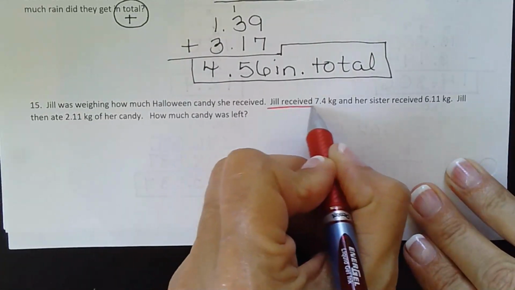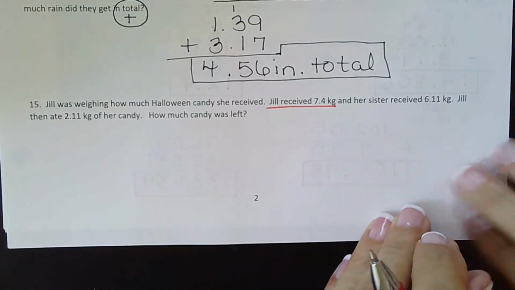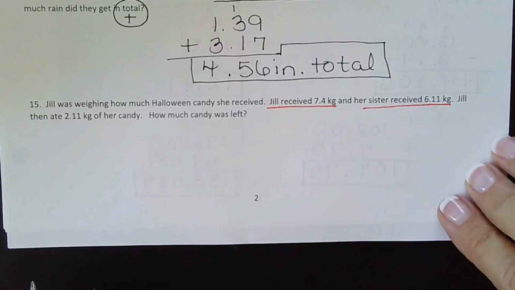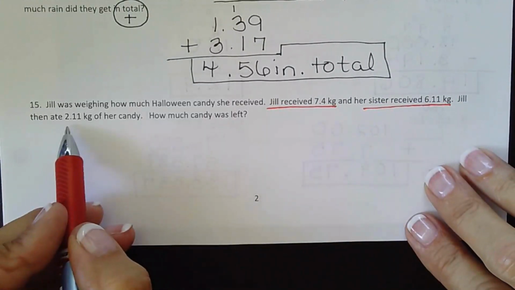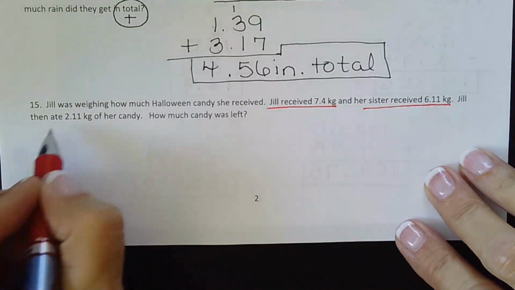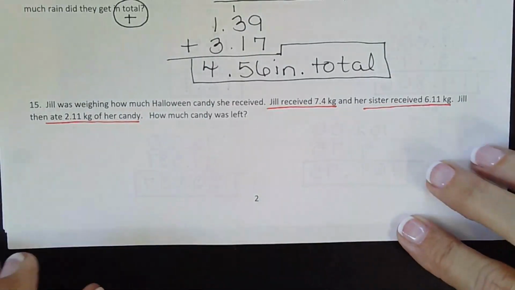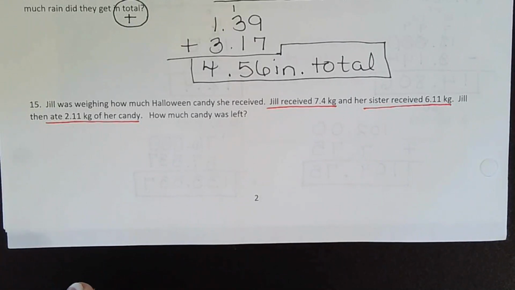Okay, Jill received 7.4 kilograms. Her sister received 6.11 kilograms. Jill then ate 2.1 kilograms of her candy. How much candy was left? So does everybody understand that this is a two-part question?